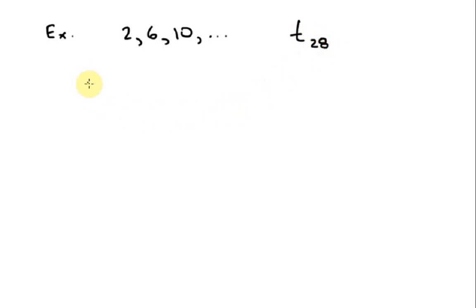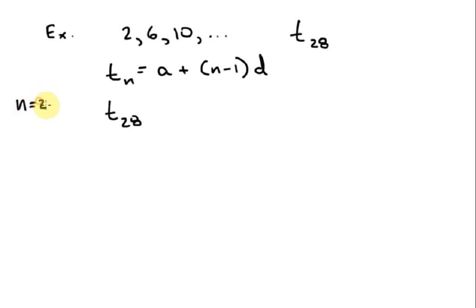I know that I have this formula here: T sub n equals A plus n minus 1 times the common difference D. And I know I'm looking for the value of the 28th term. What does that right away tell me? It tells me that n is 28.